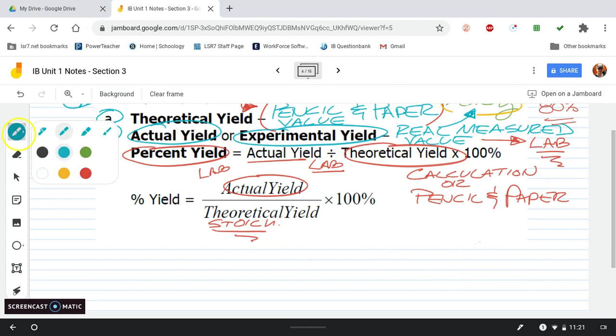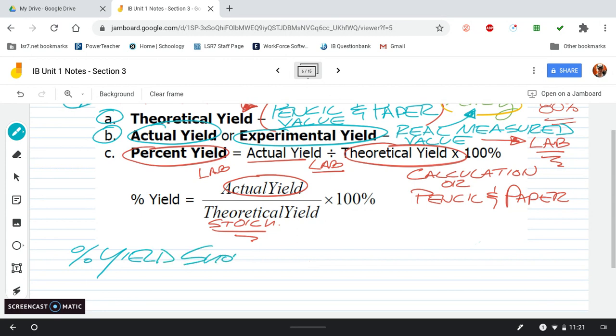So you might want to write down, just as a final thing, that percent yield should not be over 100%. Unless, of course, there is an impurity.